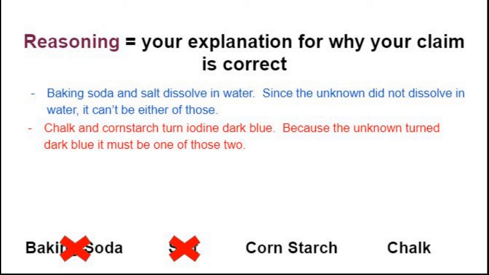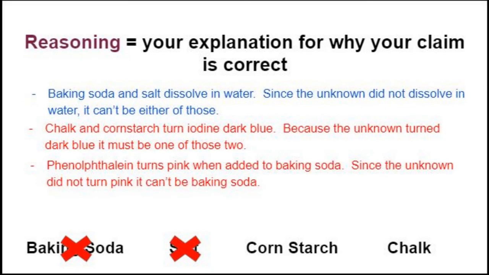I can't eliminate any more right now. So what's another test? The phenolphthalein. Phenolphthalein will turn pink when it is added to baking soda. Since the unknown did not turn pink, it cannot be baking soda. Well, we already knew that, so that doesn't eliminate any more.